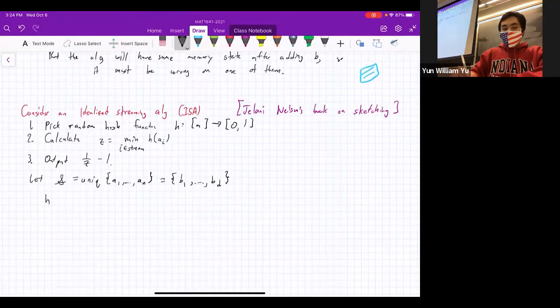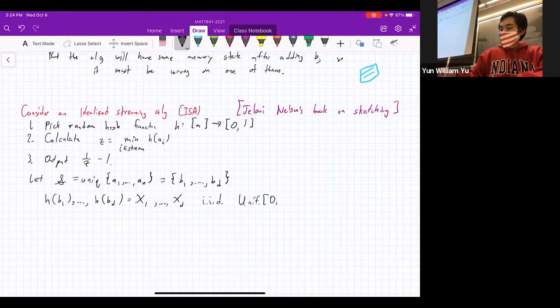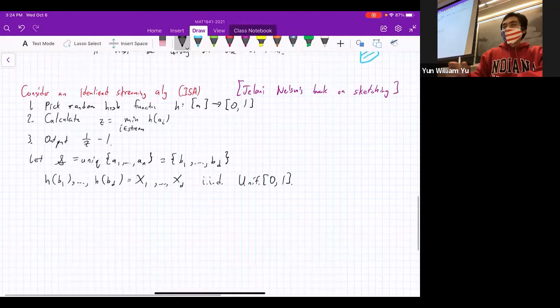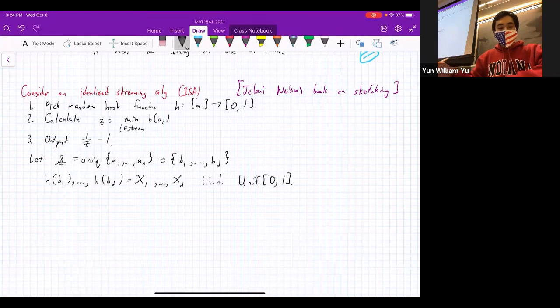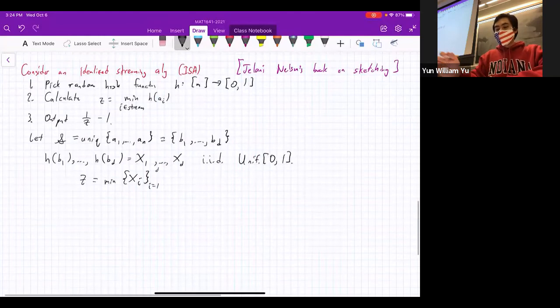And then what we know is that h(b_1) through h(b_d) are just going to be x_1 through x_d, iid uniform random variables on [0, 1]. And we know how to work with those. There are all sorts of probability techniques you can use to work with those. And so we now let z be equal to the minimum over the x_i, and we're going to let z be this value.